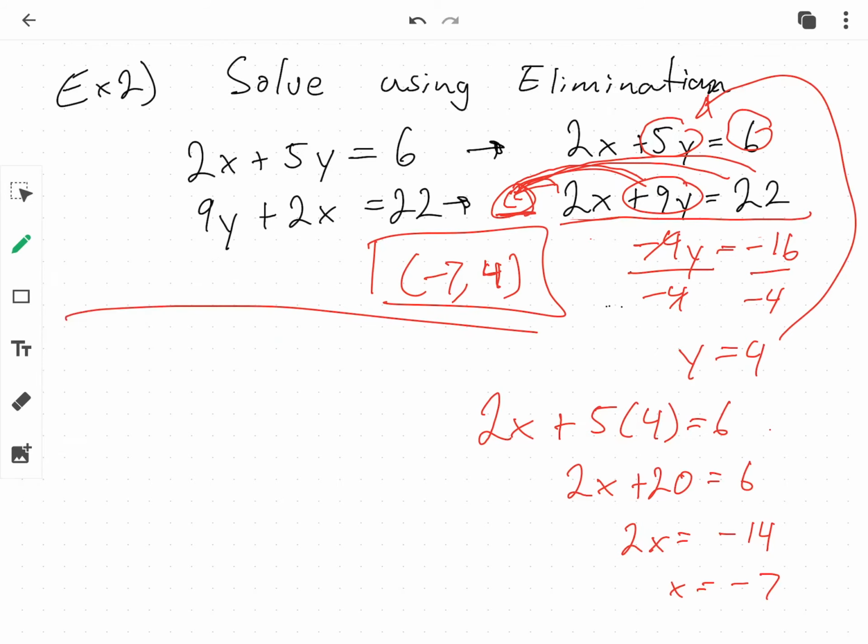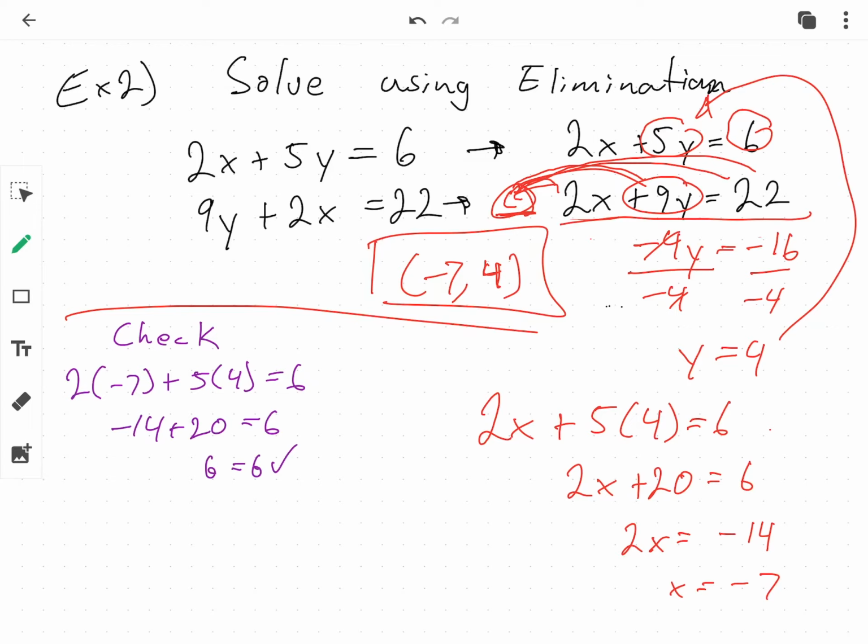So I'm going to check. Let's do it in purple. So let's check. 2 times negative 7 plus 5 times 4 equals 6. Negative 14 plus 20 equals 6. 6 is equal to 6, so that is true.